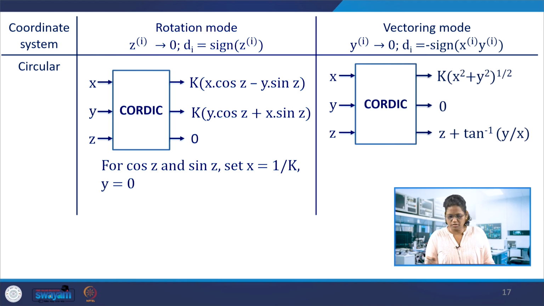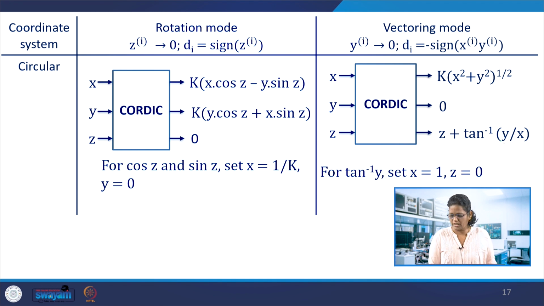In vectoring mode, similarly, yi is tending to 0. We have seen in the equations that di is minus the sign of x and y. So taking x and y and their signs through these equations in the vectoring mode with x, y, z, what you get is K times the square root of x squared plus y squared, and you can also get z plus tan inverse of y by x.